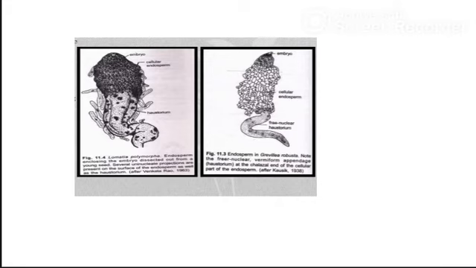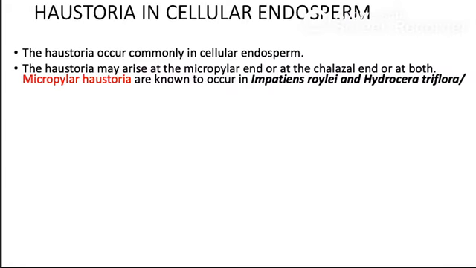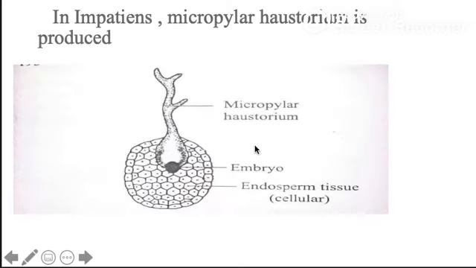But in cellular endosperm, you have haustoria that can arise from the micropylar end or from the chalazal end or both. An example of a micropylar haustoria can be found in Impatiens royale and Hydrocera triflora. That is one of the types of endosperm.